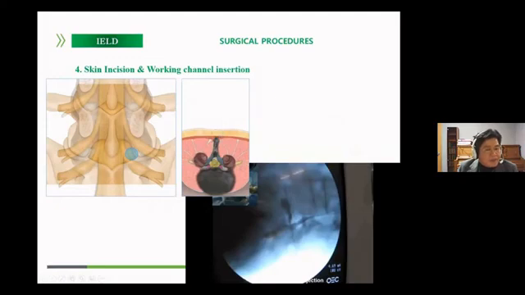In addition, as the approach skill becomes familiar, the working channel can be directly accessed to the ligamentum flavum of the surgical field, so the actual surgical time can be significantly reduced.